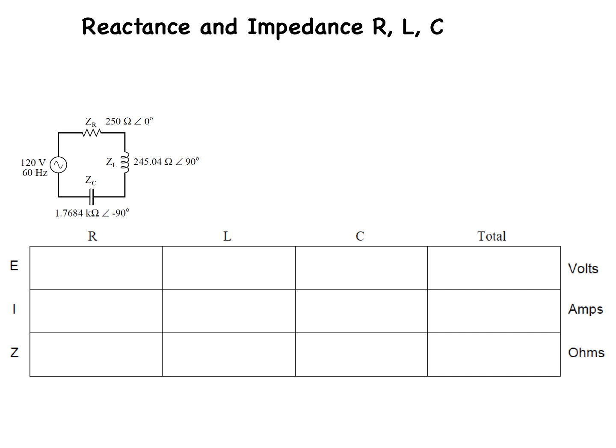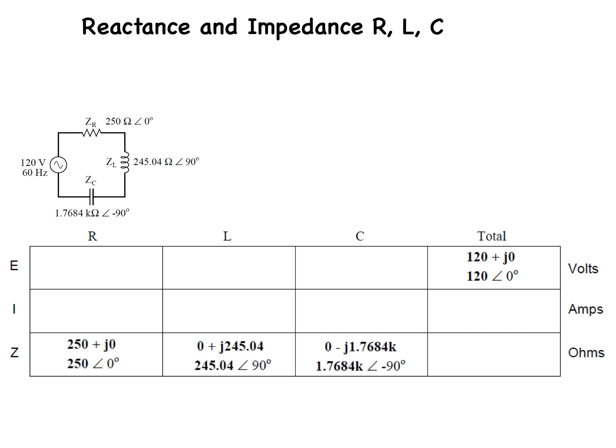And we're going to figure out everything in volts, amps, and ohms. So we'll start with the voltage supply, which is easy. We don't have to do any calculations there. It's 120 volts at 60 hertz, which means it's 120 plus J0 in rectangular format, and it's 120 at 0 degrees in polar format.